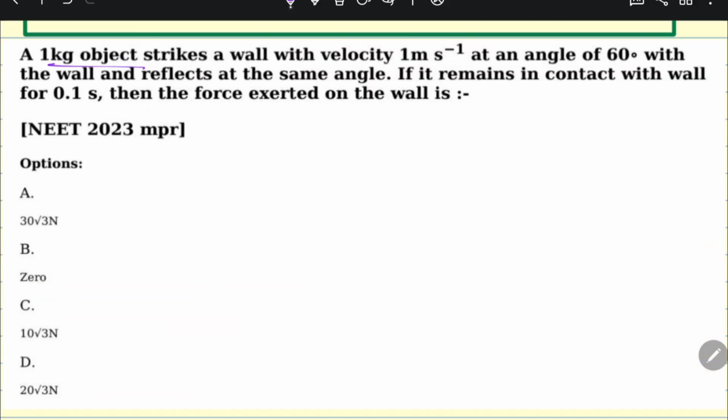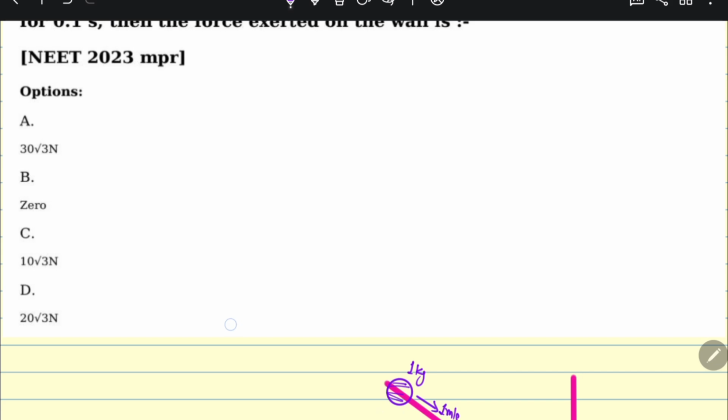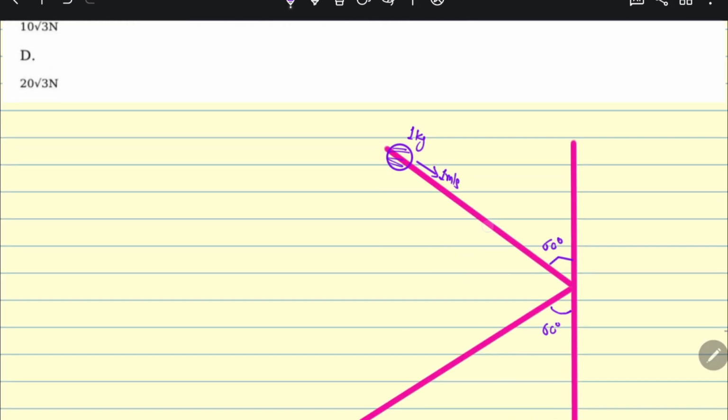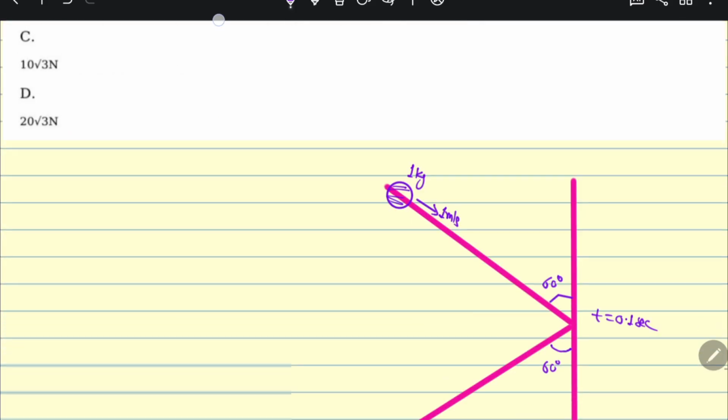If the contact time is 0.1 second, they're asking the force exerted on the ball.